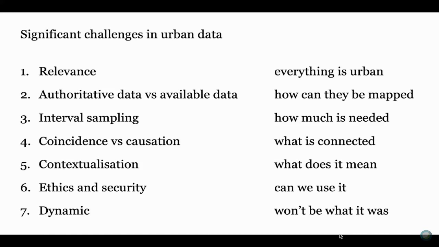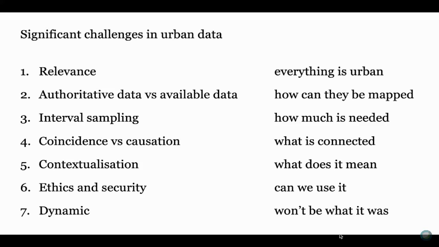The second aspect points to the sources of data. As with Oren, we currently have 5,500 data sets. Those are simply the ones we've managed to wrestle into gaining access to. Authoritative data versus available data. Get the data from power sources or power companies and understand how much energy is being used. There are new sources of data. Every modern car has a range of sensors on it. They are broadcasting data constantly.